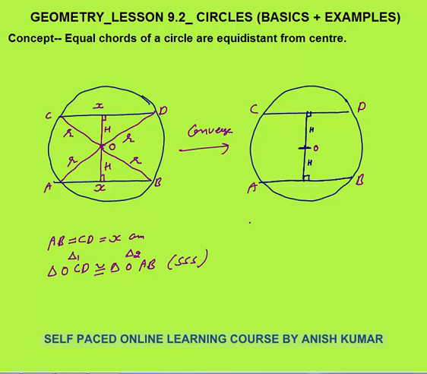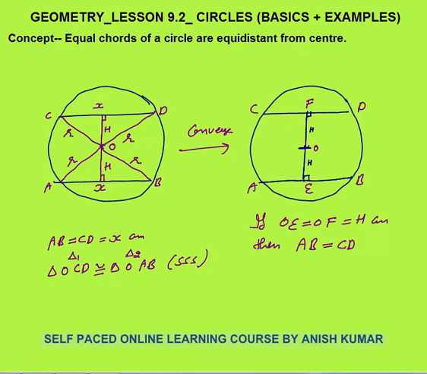If I take E and F, and OE equals OF equals h, it means that if two chords are at the same distance of h centimeter from the center, then AB will be equal to CD. The chord lengths will also be equal.